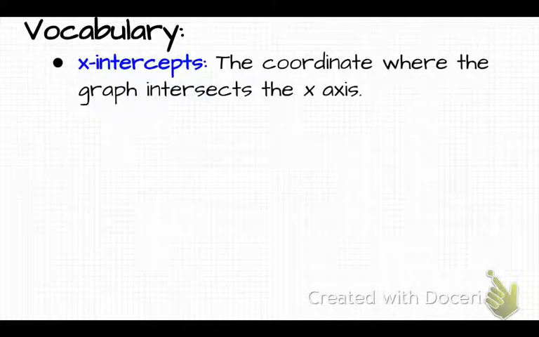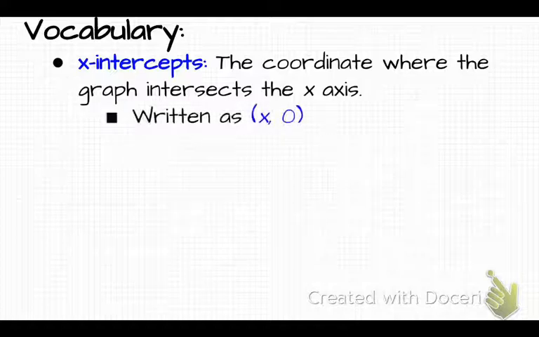That's the coordinate where the graph intersects the x-axis, and the way we write that is x comma 0. It's a coordinate pair, with x being the number where it goes through the x-axis. Can you write this definition down and then highlight, box, or circle how we write an x-intercept? So you can highlight written as x comma 0.